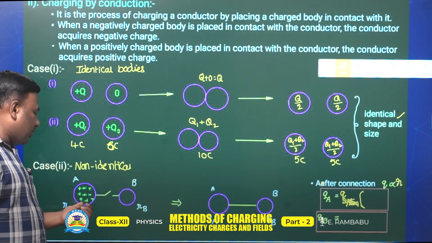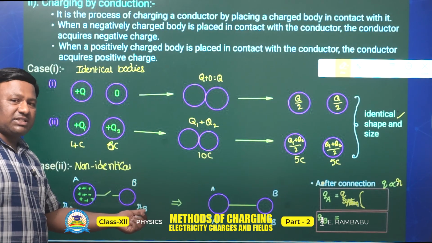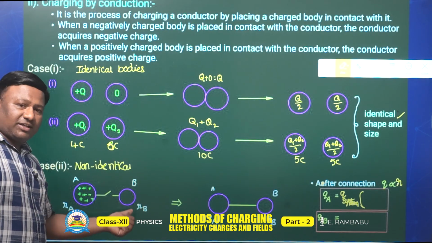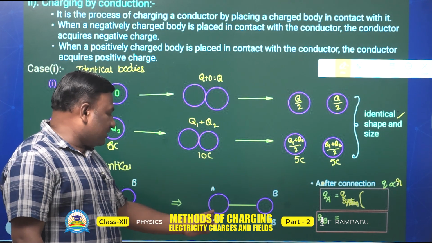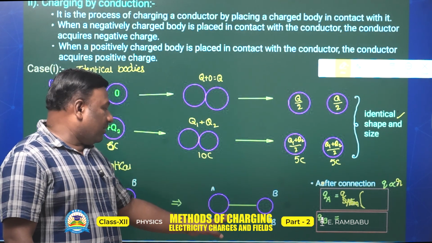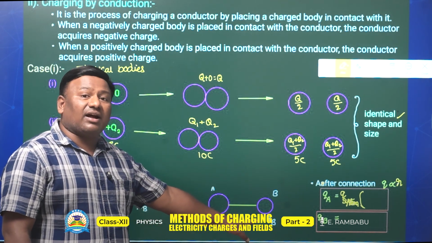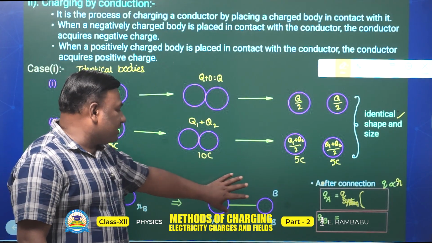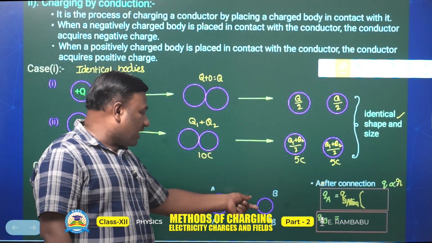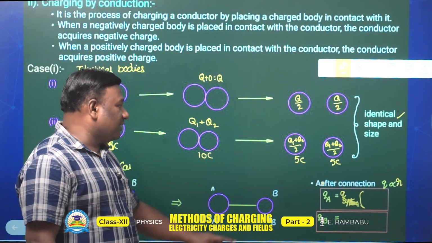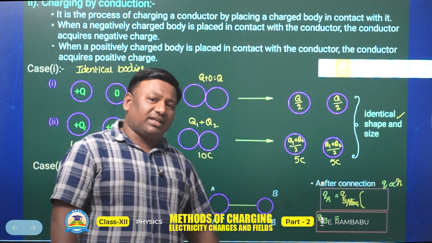Initially, one has Q1 and the other has Q2, then the system charge becomes Q1 plus Q2. Whenever they are taken into contact, the charges are exchanging, and here the charges are not equal. Why? Because their sizes are different. One is capable of storing more charge, the other is capable of storing less charge. That's why the charge is directly proportional to the radius.